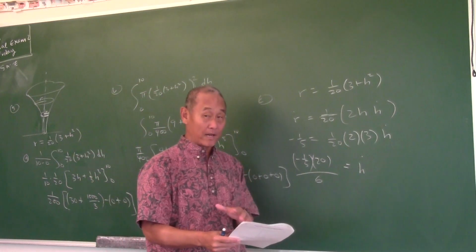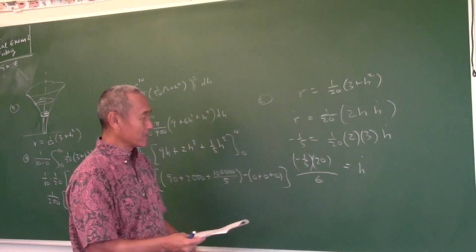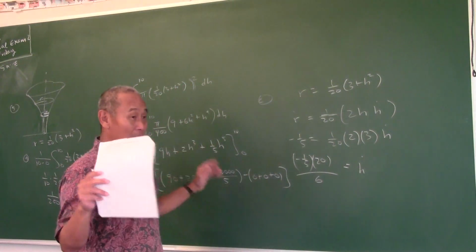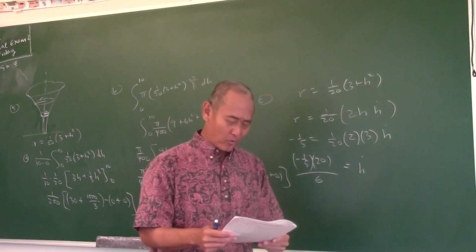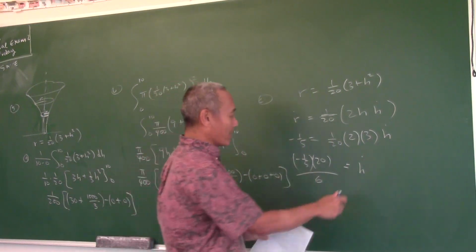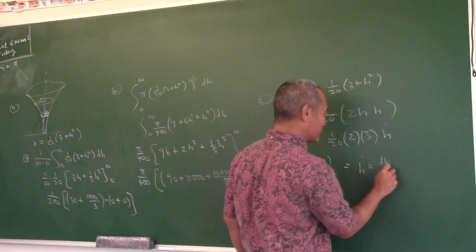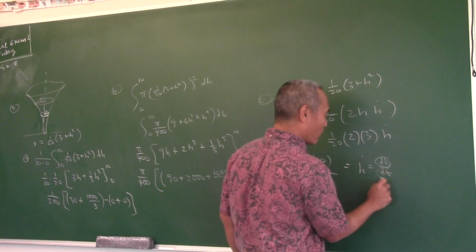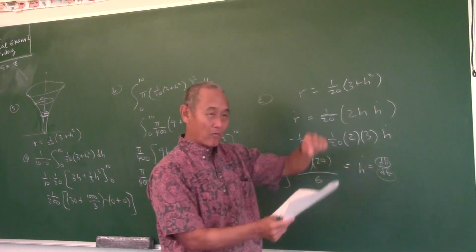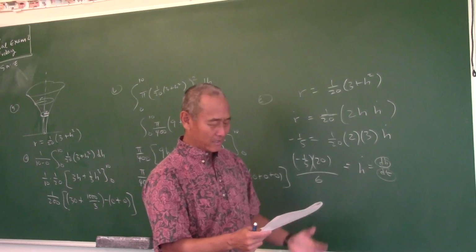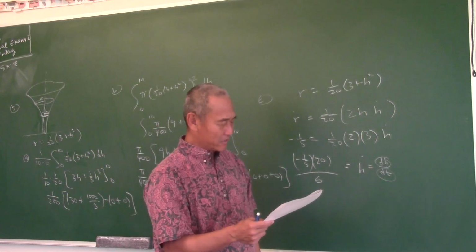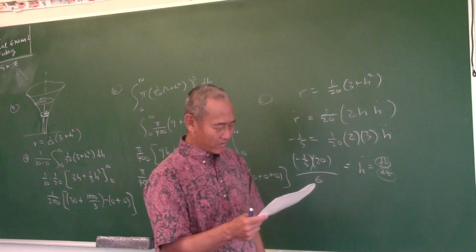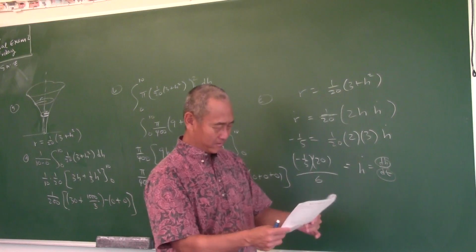Usually in a related rates problem they ask for units, but in this case they didn't, so don't give it. However, if they did ask for units, what would it be? Remember, h dot is dh dt, height over time. How would you measure a height of something? Well, in this problem, wouldn't it be inches? And what kind of time unit do we have here?